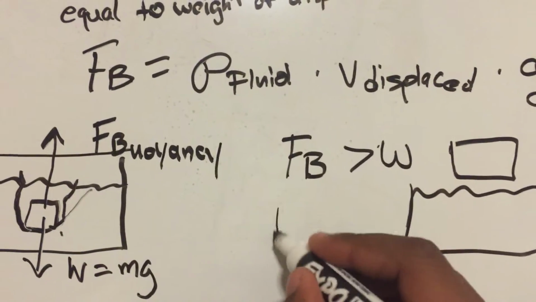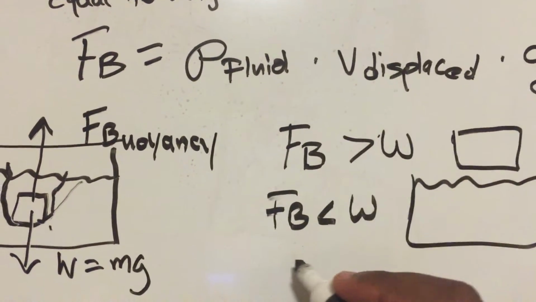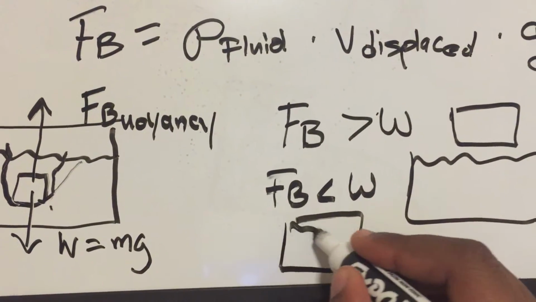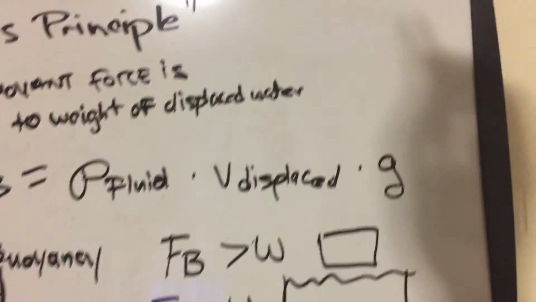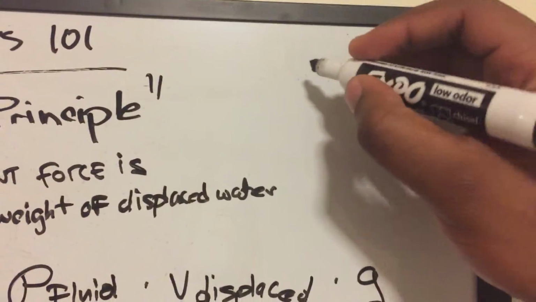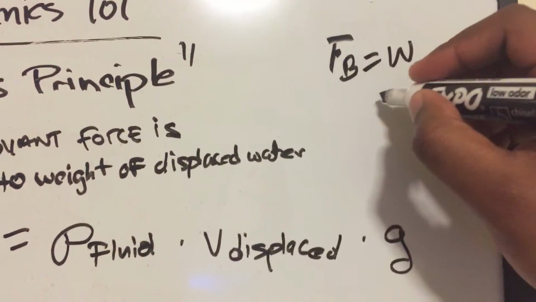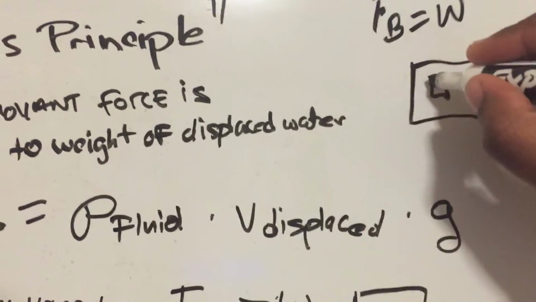If the force of buoyancy is less than the weight, the object will sink. And if the force of buoyancy is equal to the weight, the object will stay right in the middle of the fluid.